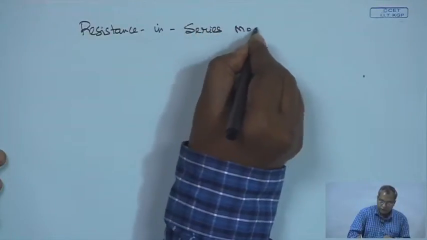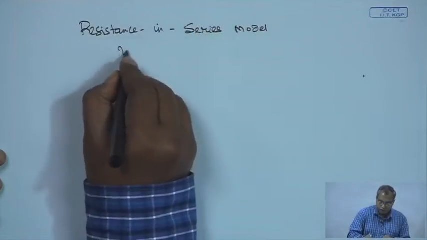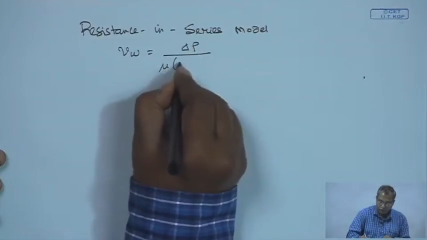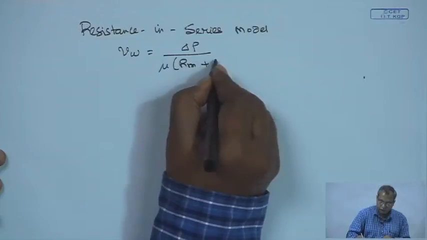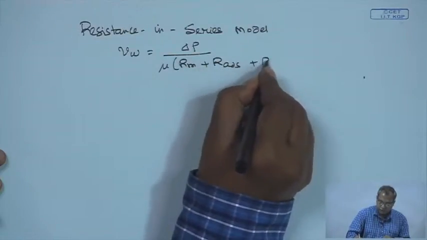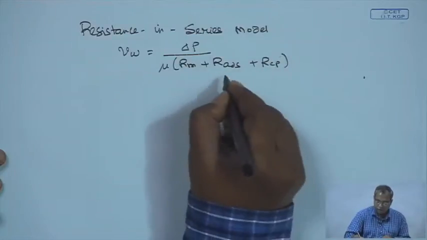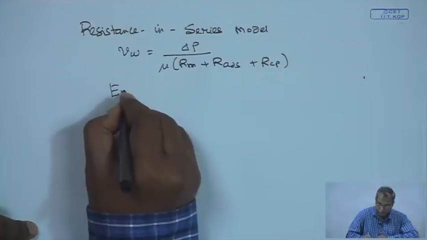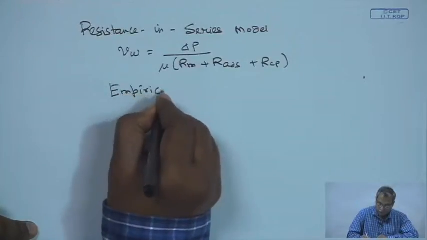In case of the resistance in series model, this is nothing but a phenomenological equation. We assume that permeate flux is equal to the driving force divided by all the resistances that we have put in series, absorption resistance plus concentration polarization resistance. All these resistances are put in series, but this is entirely an empirical model.